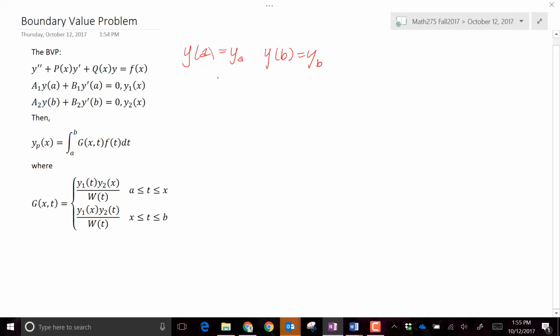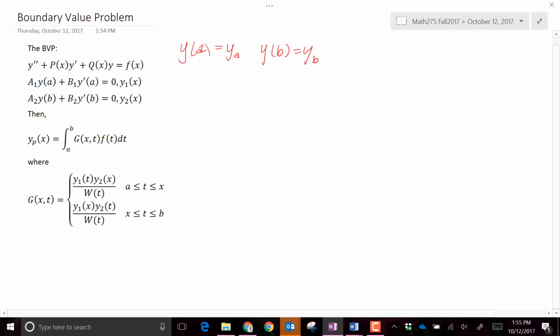But instead of starting at the same point, at 0 or x naught, you have a condition on one, and then you have a condition on the other. Hopefully they give you conditions of just the original function, because they can conceivably give you y prime of A is equal to something and y prime of B is equal to something, or any combination of those. But I think in general they're just going to give you the original function's conditions at some starting and some ending points that would provide your boundary.